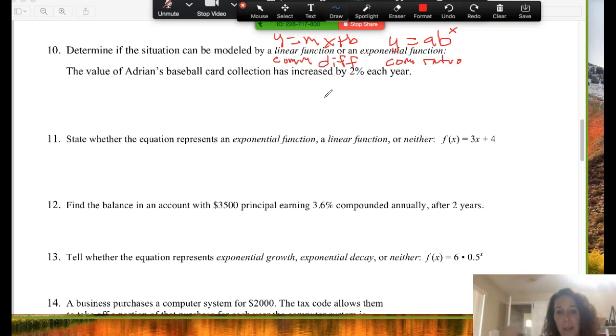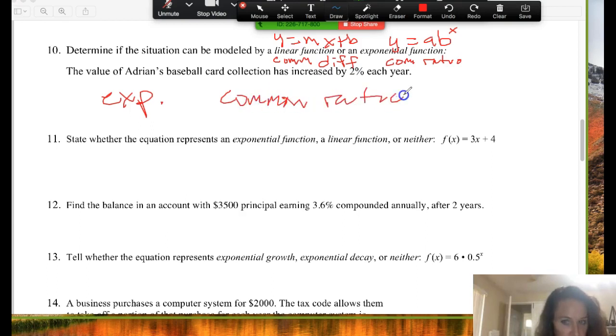So I'm going to multiply the previous year by 2%, and keep going to the next one and to the next one. So this would be a common ratio if it's increasing by a percentage. Okay, so this would be exponential because it increases by 2%.